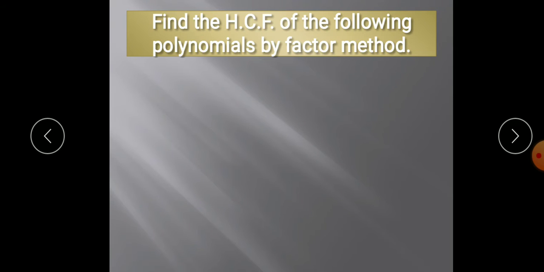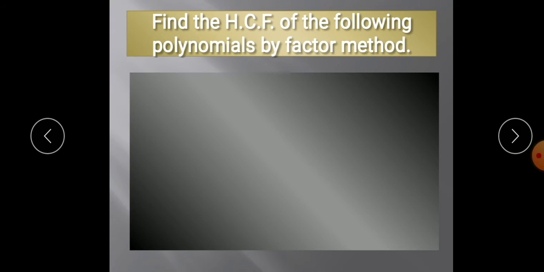Okay, so now the question is, find the HCF of the following polynomials by factor method. Means we have to find the factor of polynomials and then we will find the highest common factor. So the very first question is 5a square b cube, 60a4c square.